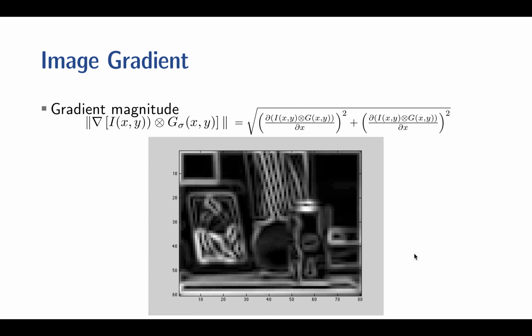Now this is useful because regardless of whether the edge was in the horizontal direction or the vertical direction or anywhere in between, I still get a response proportional to the actual strength of the edge. If the edge is in the horizontal direction, then one of the terms is high and the other is exactly 0.